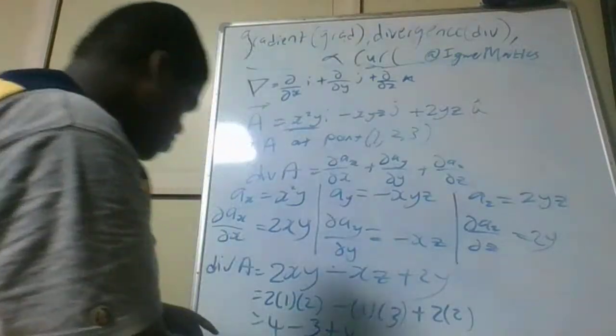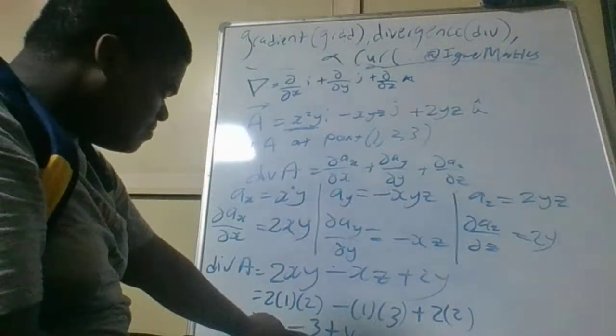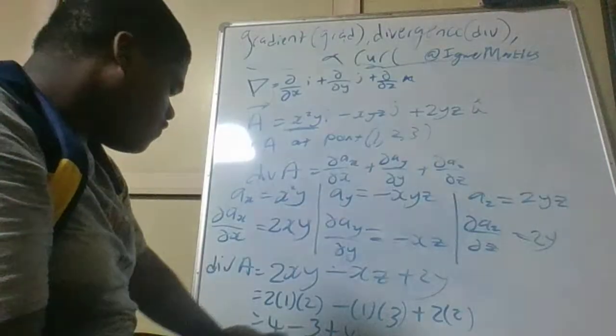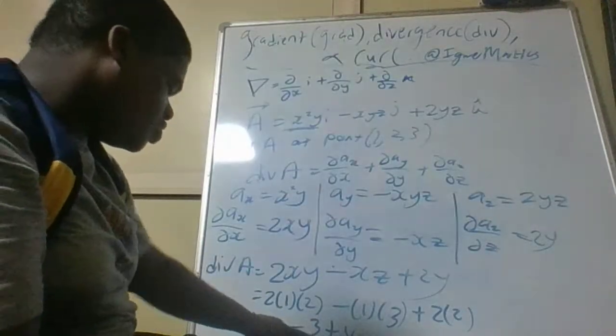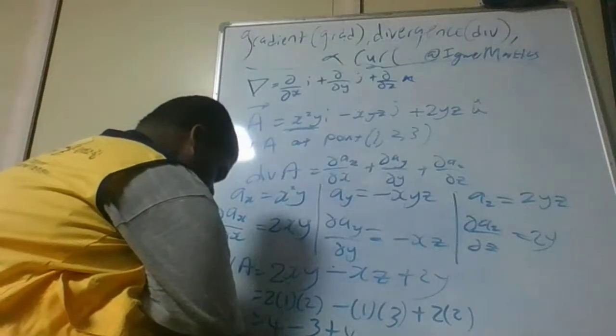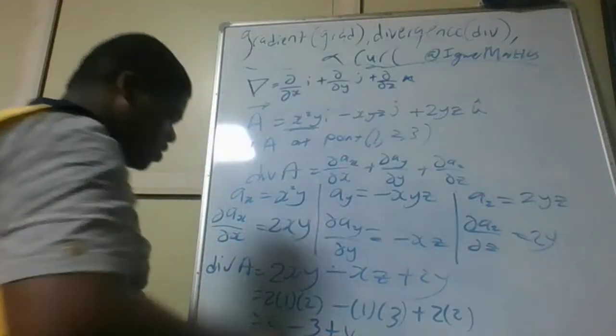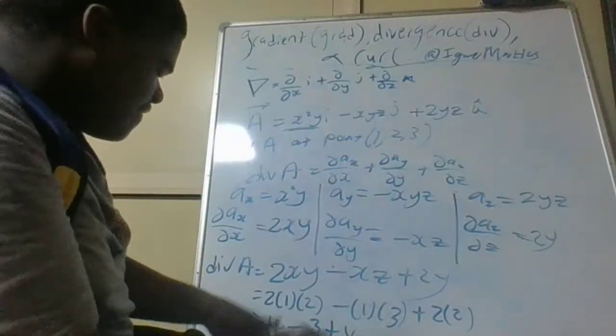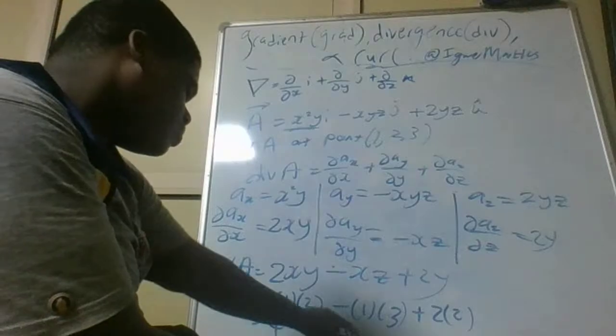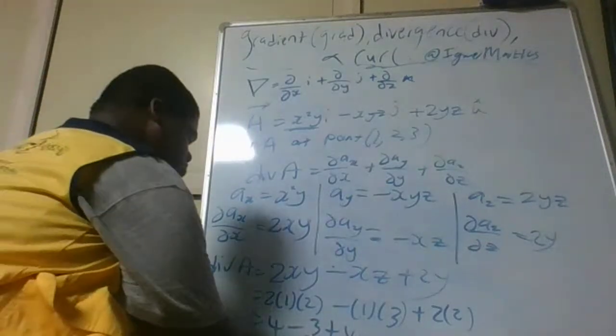Okay. So I'm going to have 4 minus 3 plus 4. 4 plus 4, that's 8, minus 3, that's 5. We can also do 4 minus 3, that's 1, and 1 plus 4, that's 5. So the divergence is equal to 5.